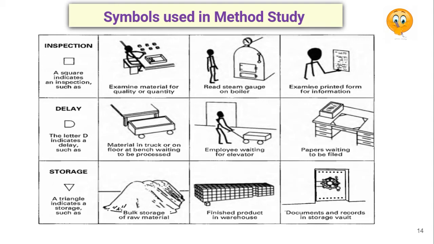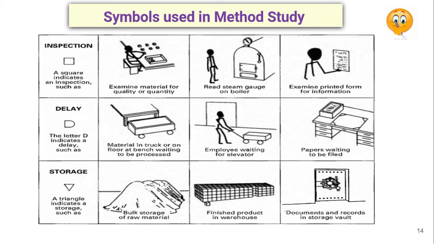Then delay. A delay occurs when the immediate performance of the next planned thing does not take place. For example, work waiting between consecutive operations, a worker waiting at a tool crib, operations waiting for instructions from the supervisor. These are examples of delay.